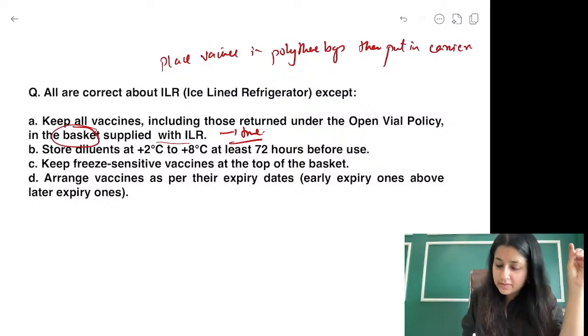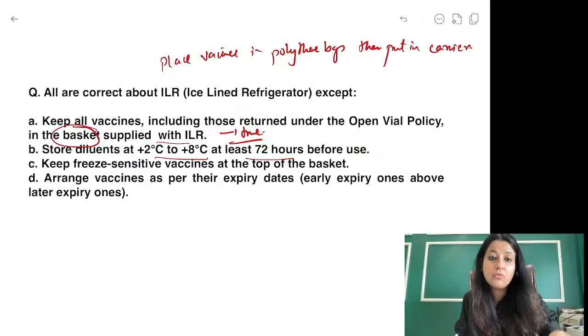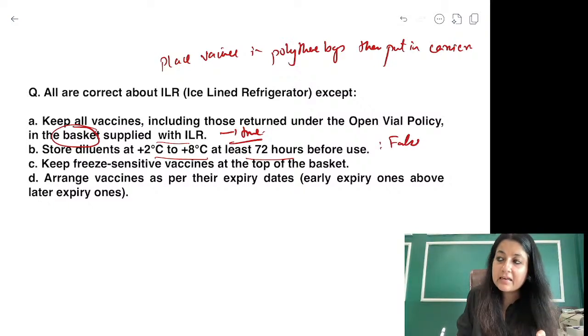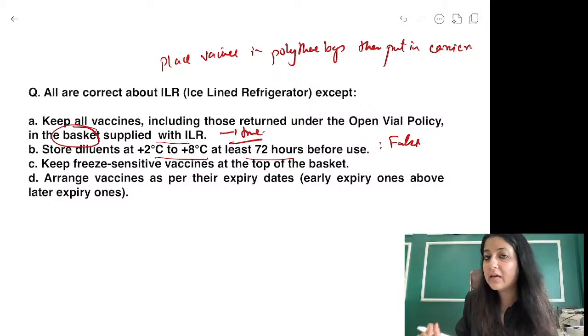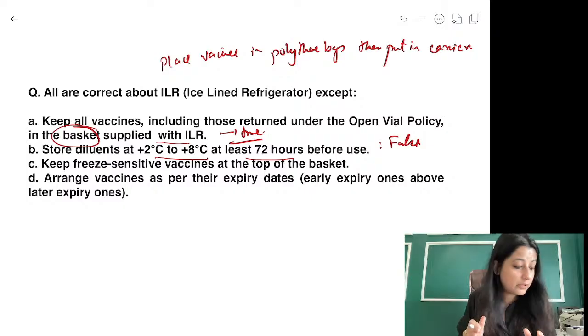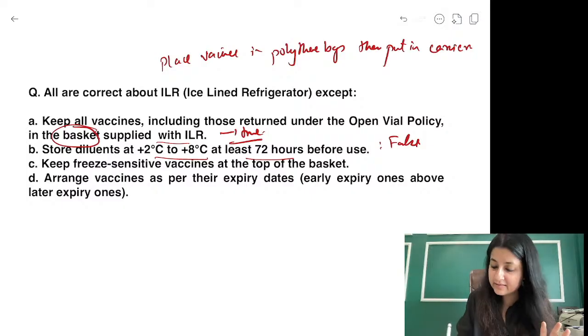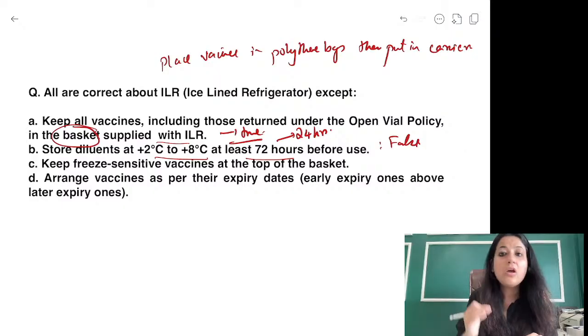Okay. Store diluents at +2 to +8 at least 72 hours before use. No, you don't have to place them for 72 hours. This is false. Even if you keep the diluent at room temperature, it should be brought to the same temperature at least 24 hours before use. Obviously, the freeze-sensitive T series vaccines are at the top of the basket.